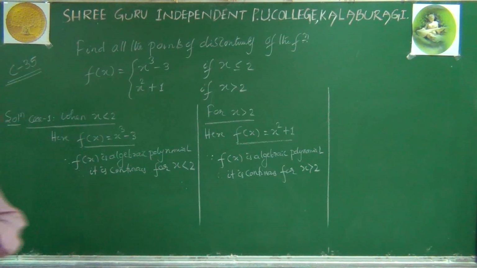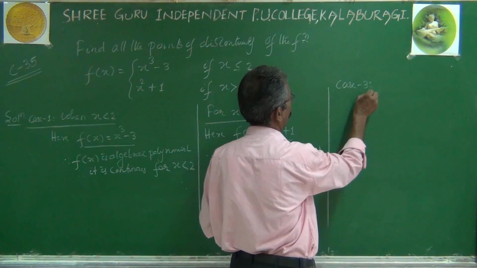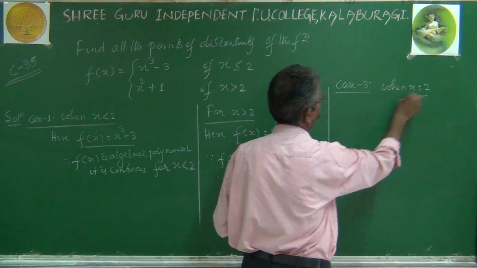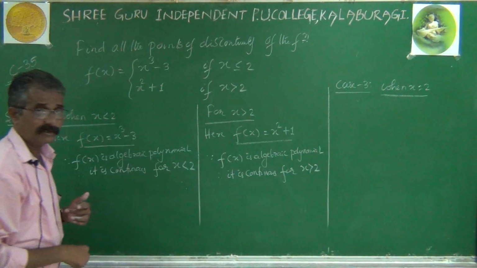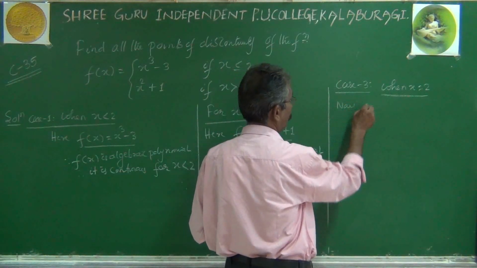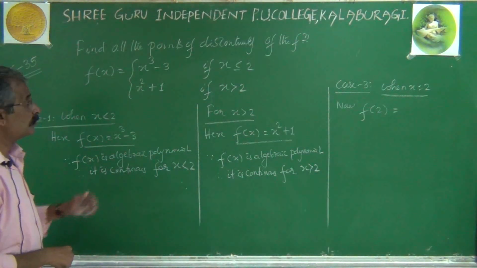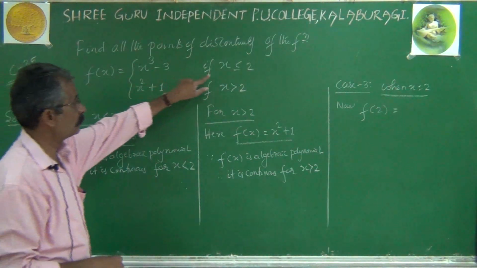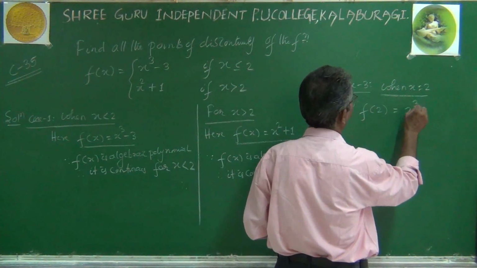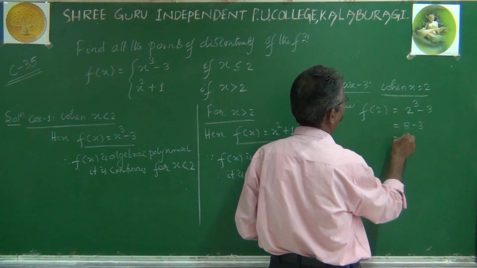Next, case 3, when x equal to 2. Let's find LHL as well as RHL. Now, f of 2 equals, where x equal to 2 holds, take the function, put x equal to 2: 2 cube minus 3, 2 cube is 8, minus 3, 8 minus 3 is 5.